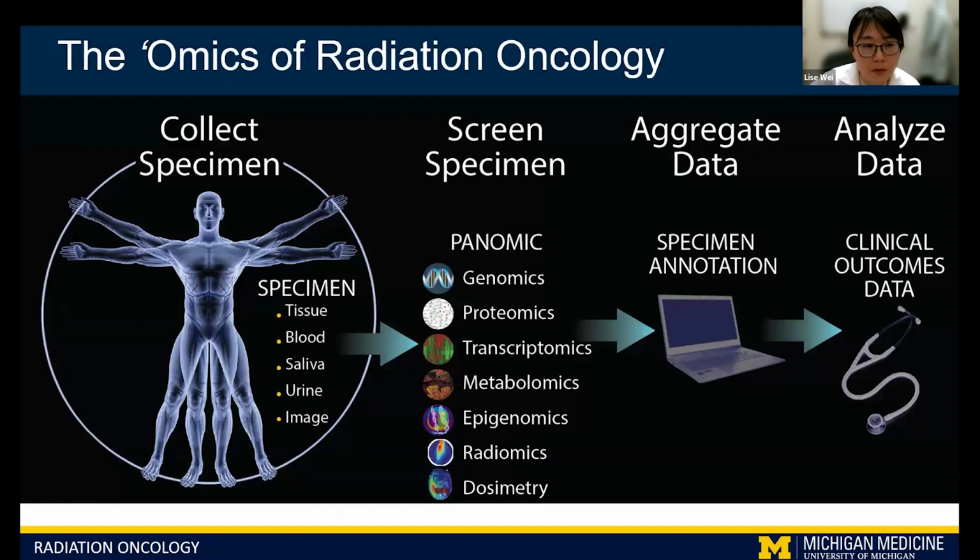So this comes to an overview of my research. There are the panomics, or omics, of radiation oncology. In our routine treatment, different types of data are collected, such as tissues, blood biomarkers, and imaging data, of course, as I just showed. All these different types of data can be used to correlate with our outcome.